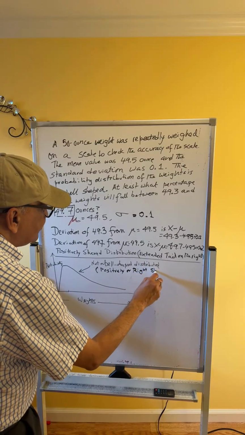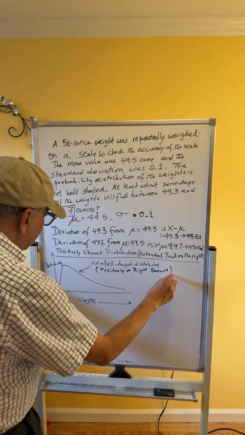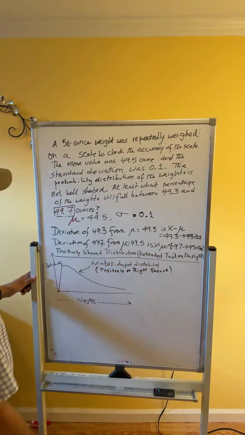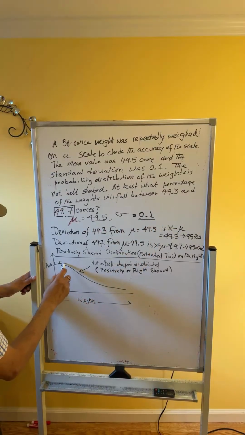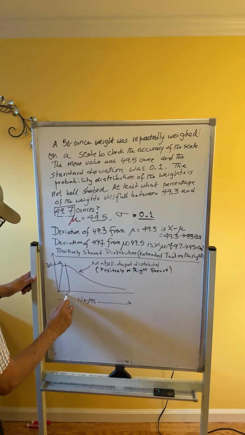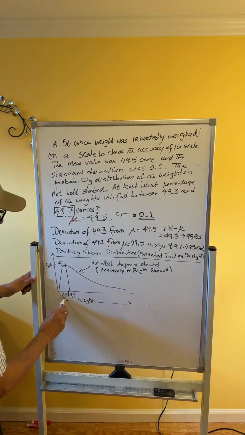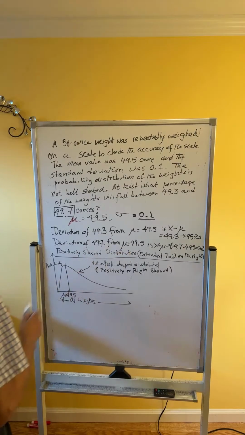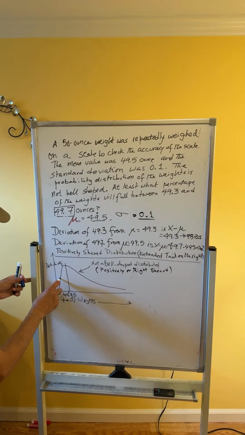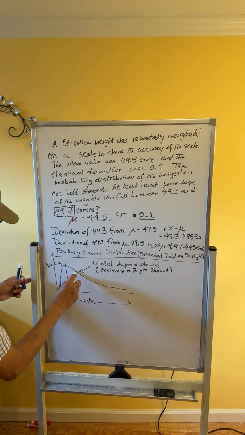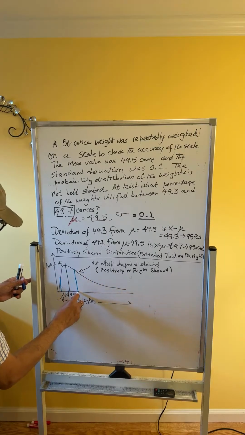In this particular case, the mean is 49.5, where the relative frequency is highest, that's your mean on the horizontal axis, and sigma is 0.1. We have been given two boundaries. One is over here, another is an equal distance over here.